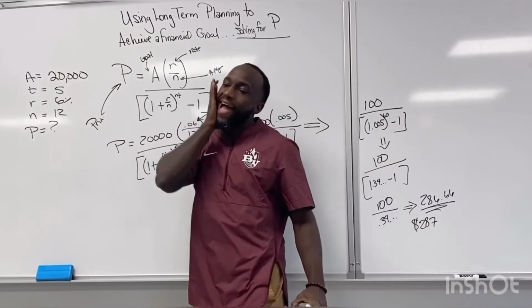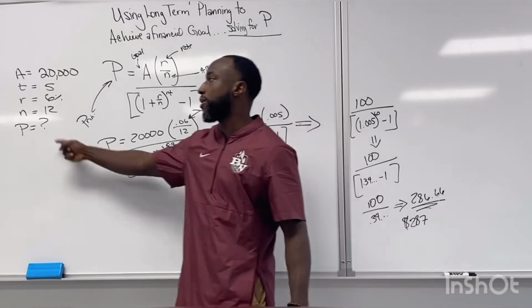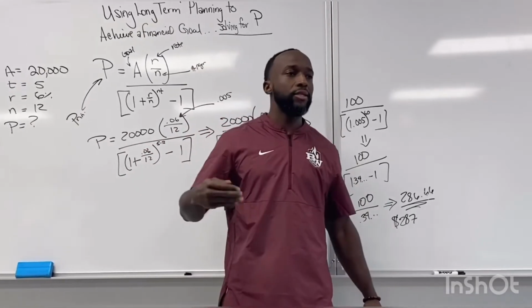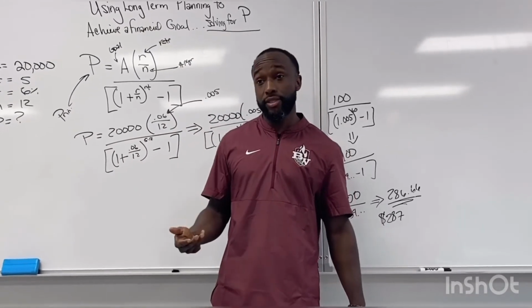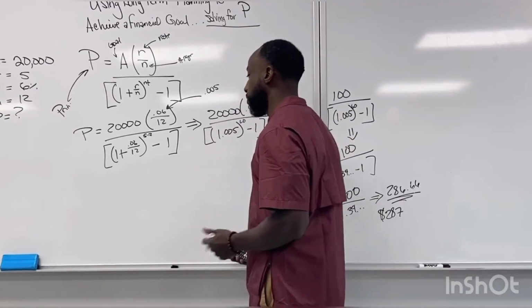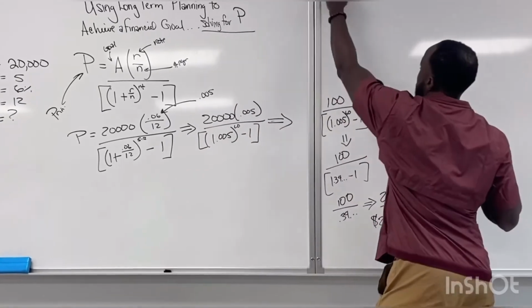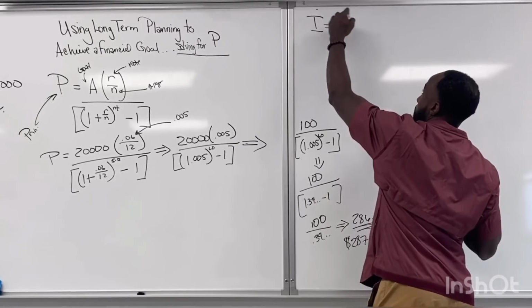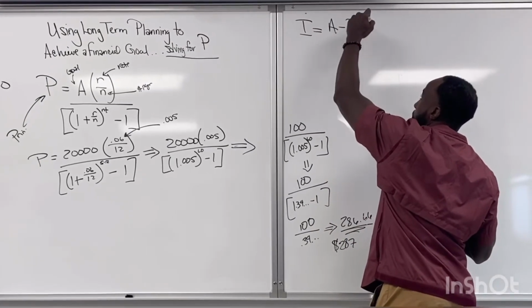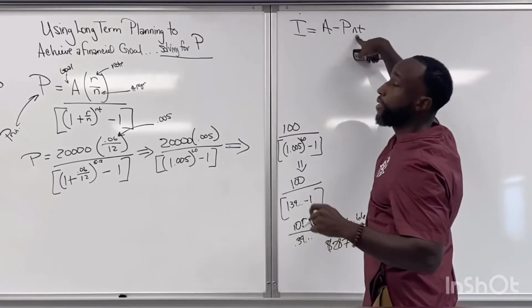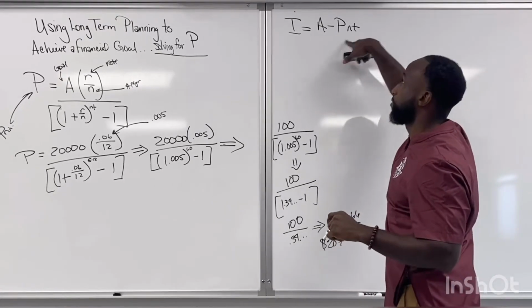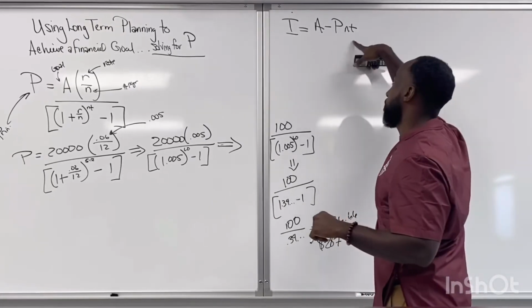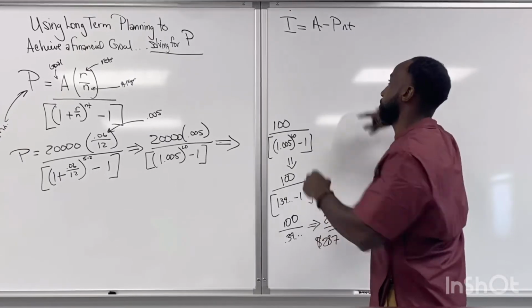Now, the next question is, if we get to $20,000, how much money is actually going to come from our deposits and how much is going to come from our interest? So we'll go back to our interest formula: I equals A minus P times N times T, P times number of payments times time, to figure out what the interest is and how much money went towards the payments.